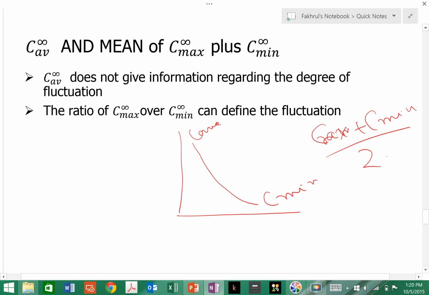It will give you an idea, but it's not going to give you the exact C average, because during this time period concentration continues to decline in exponential fashion.